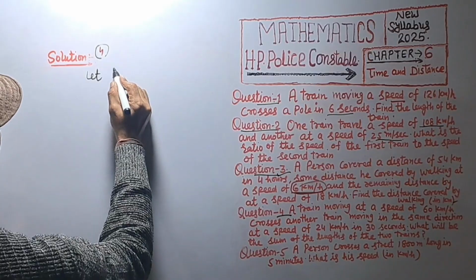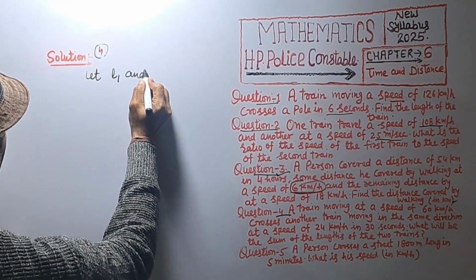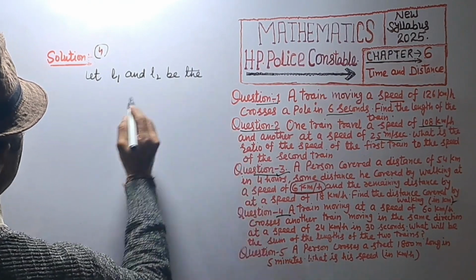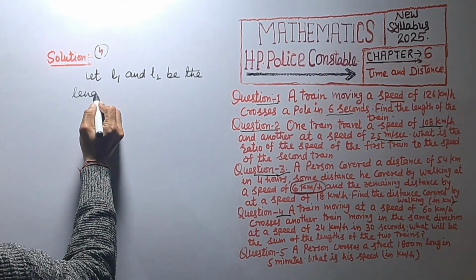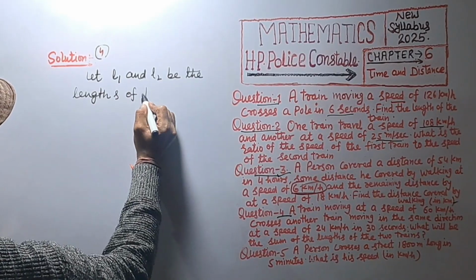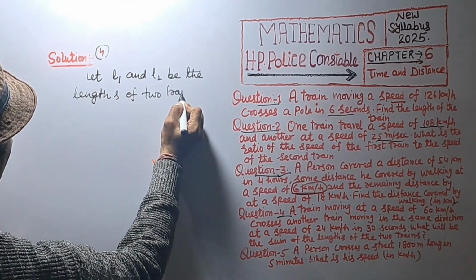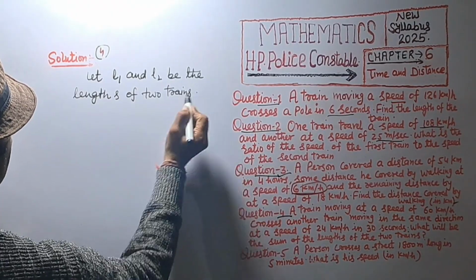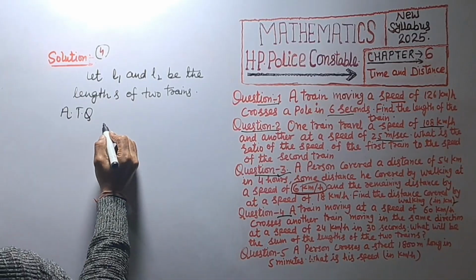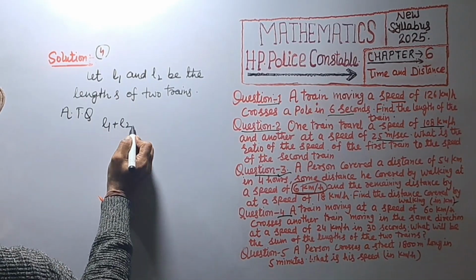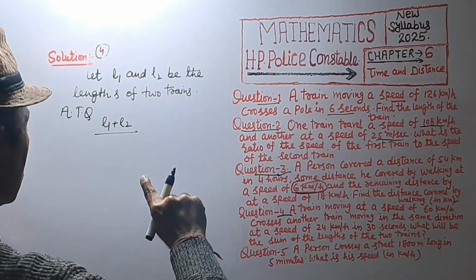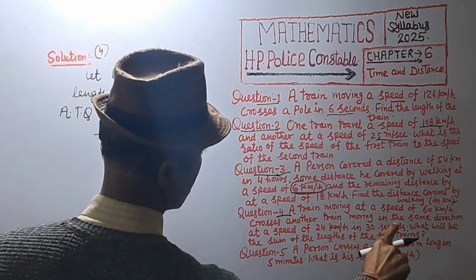Let L1 and L2 be the lengths of two trains. According to the question, L1 plus L2, the sum of the lengths of two trains, divided by the relative speed.